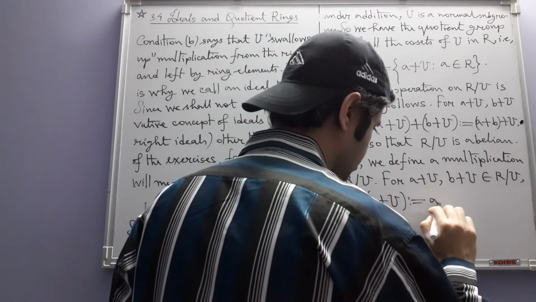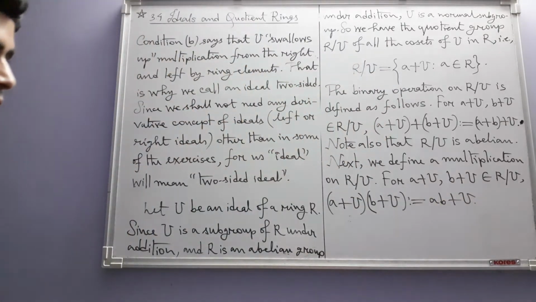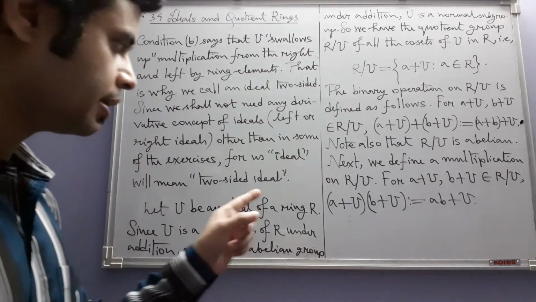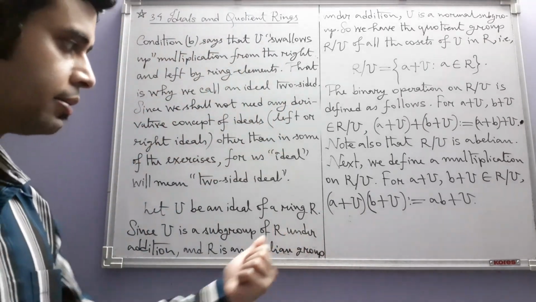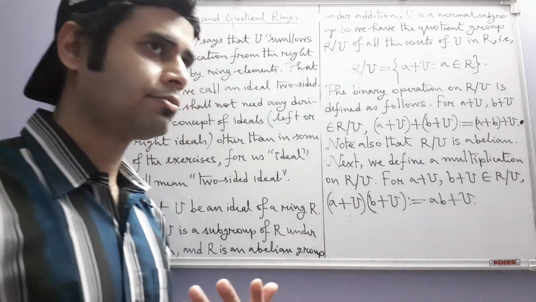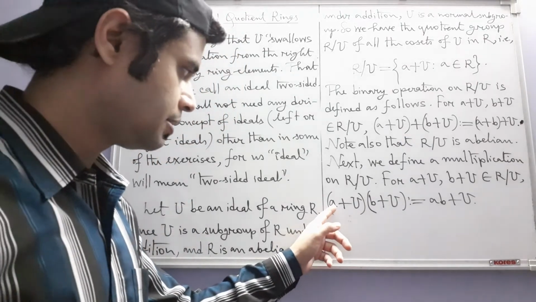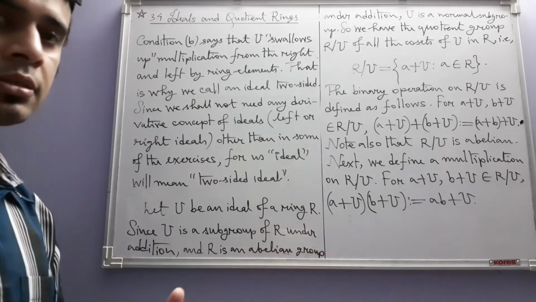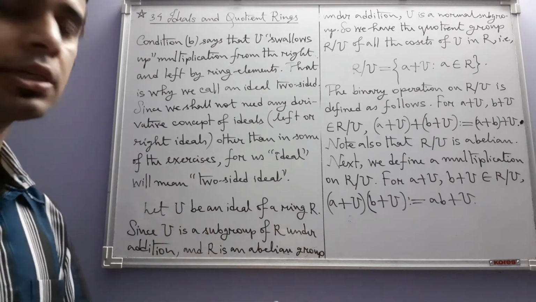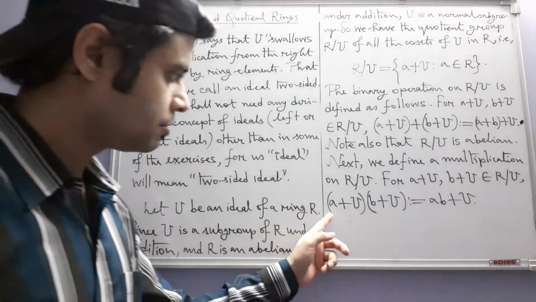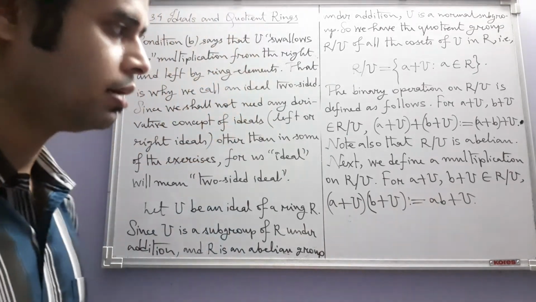And we define it to be equal to AB plus U. Now note that we are dealing with cosets, and we already know from group theory that a single coset has many different representations. This A plus U may be written as A prime plus U, where A prime is not equal to A, but the cosets are equal. So we have to be sure that what we have defined here is actually well defined.